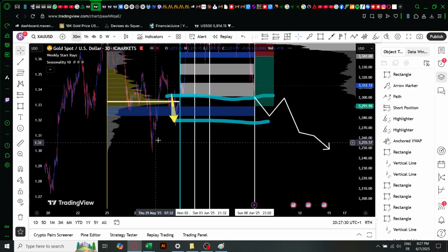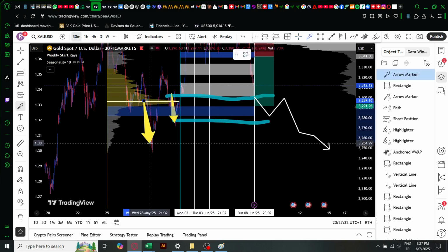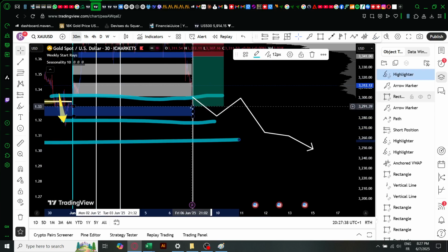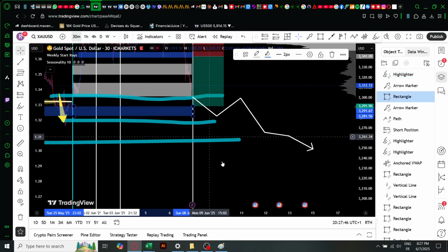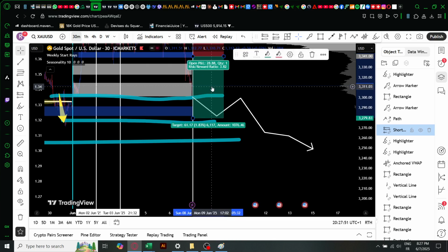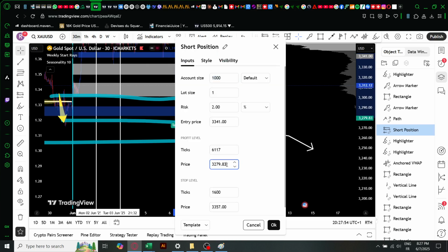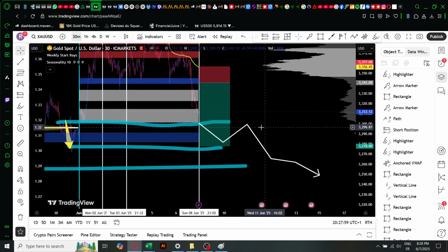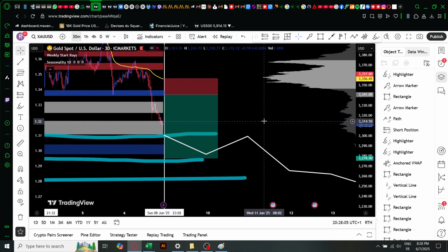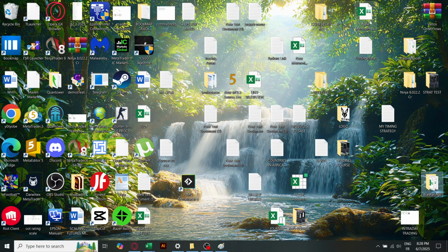It can even get to this level. So this is why I'm very comfortable targeting this level, which is at 78.